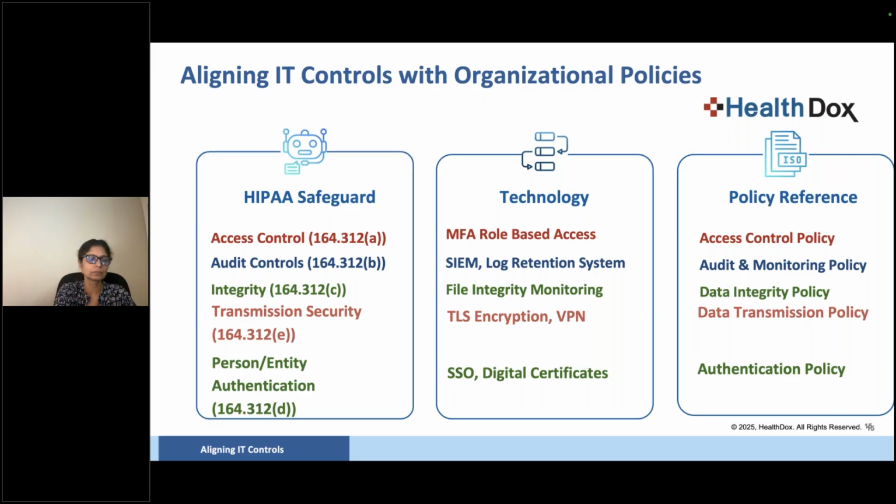That is a must. For example, if your policy requires MFA, multi-factor authentication, for privileged accounts, then your system must enforce it, tying with the organization policies for privileged accounts.